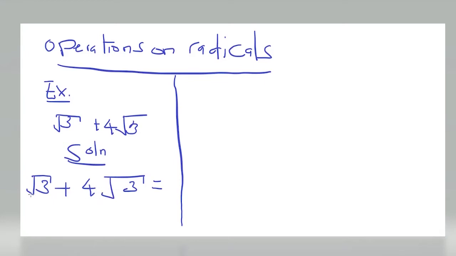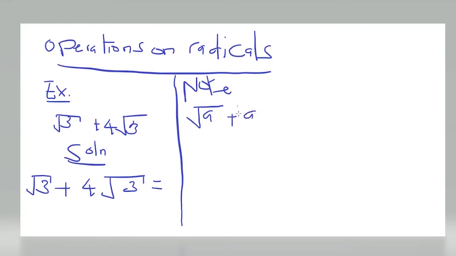Another thing to note here: radical 3 and radical 3 are the same number. They have a common radical. So for this case, note this. If you are given radical numbers with a common radical number, then you can add them normally, like this.